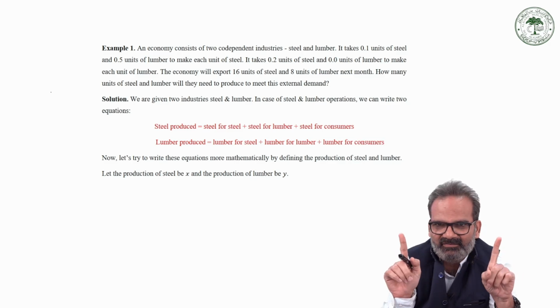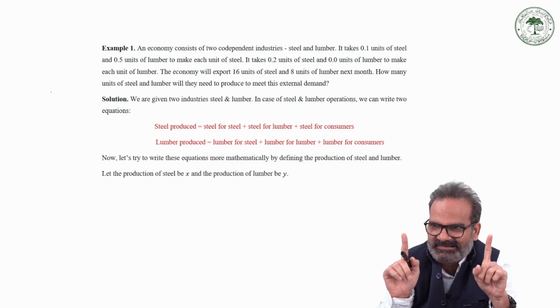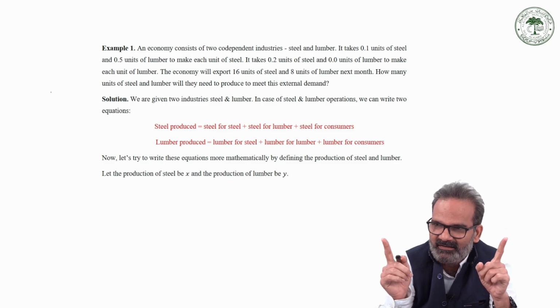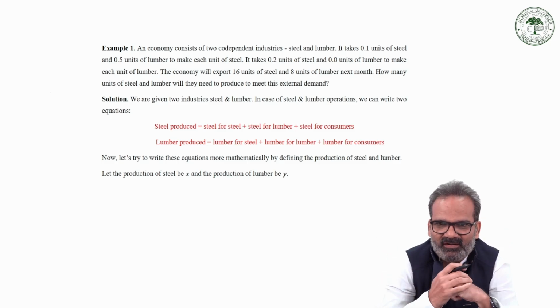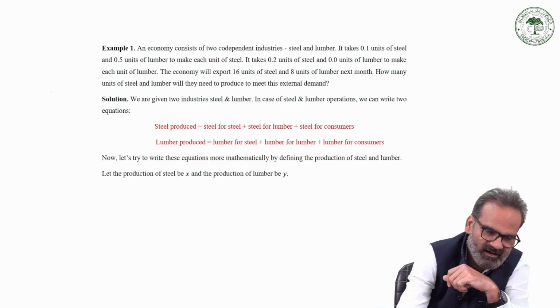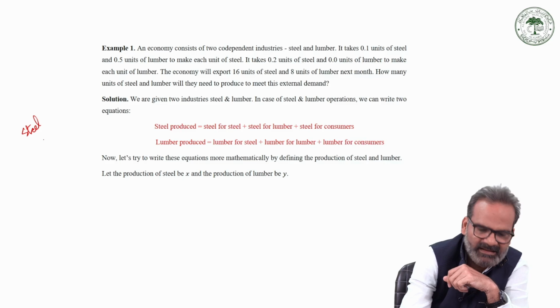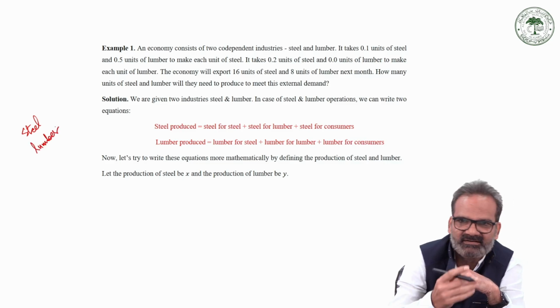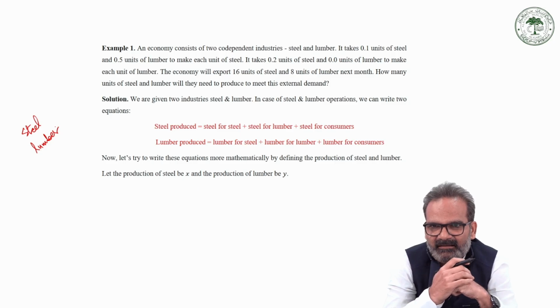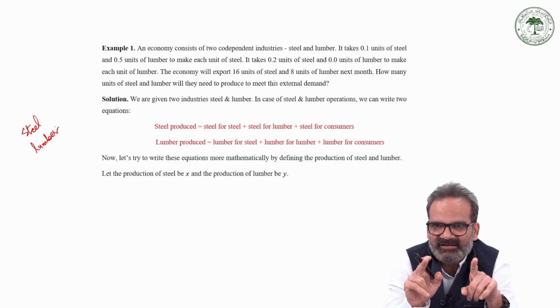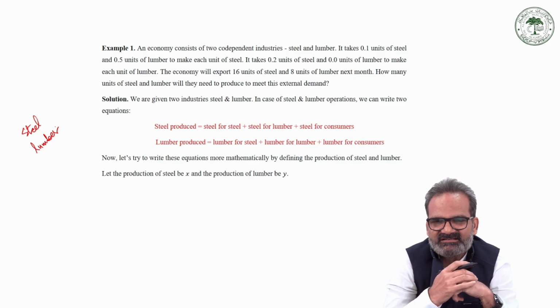So here we have 2 dependent industries as required by the Leontief input-output model. The industries are steel and the second is lumber. They are the 2 industries. So what is given here? It takes 0.1 units of steel and 0.5 units of lumber to make each unit of steel.